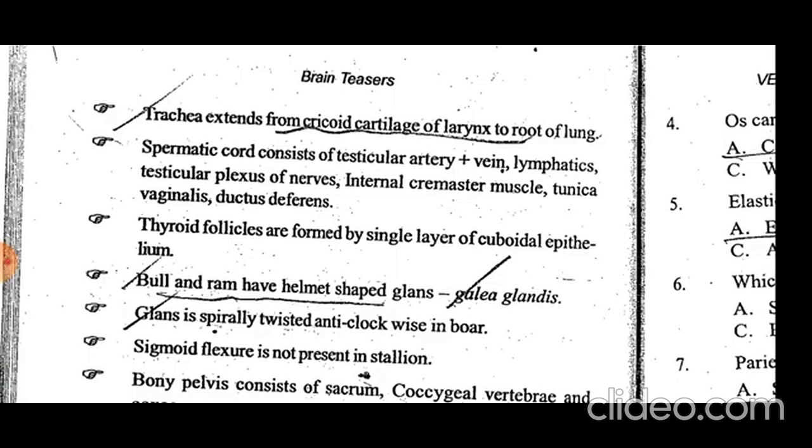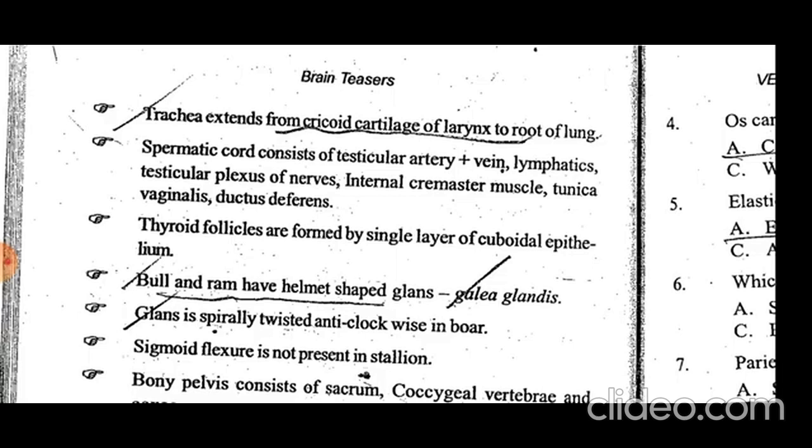With their technical names: the testicular artery and vein, lymphatics, testicular plexus of nerves, internal cremaster muscle, tunica vaginalis, and ductus deferens. So we can remember it simply as an artery, a vein, a nerve, lymphatic, a muscle, tunica vaginalis, and ductus deferens.